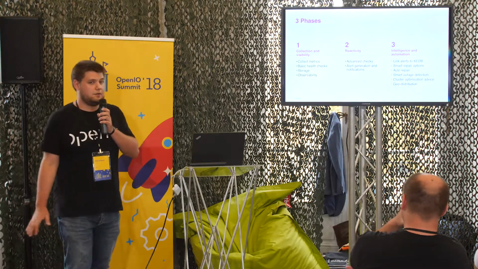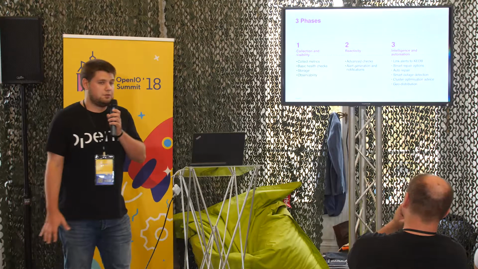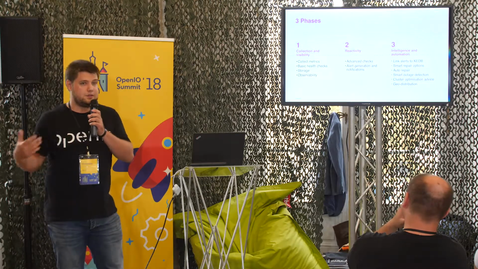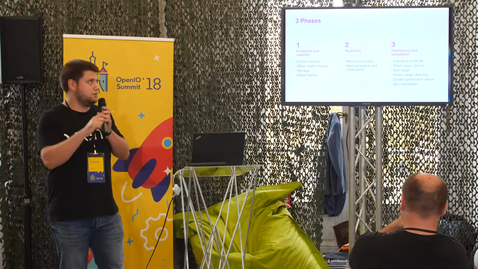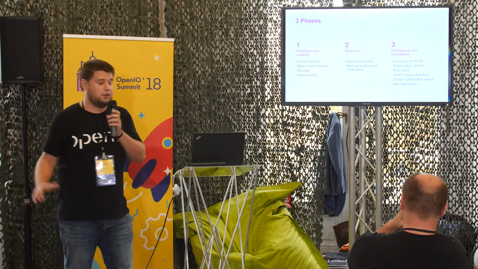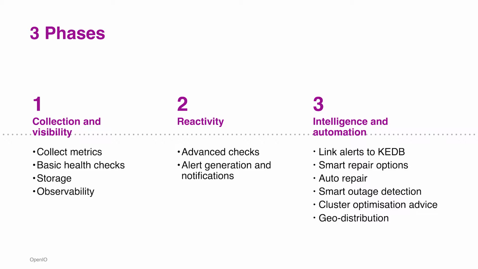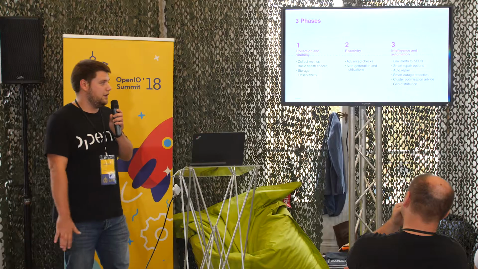So we want to add some layer of reactivity, which would require some advanced checks to be made, in order for the system to become more accurate, as well as implement a layer of alert generation and notification sending to our users.